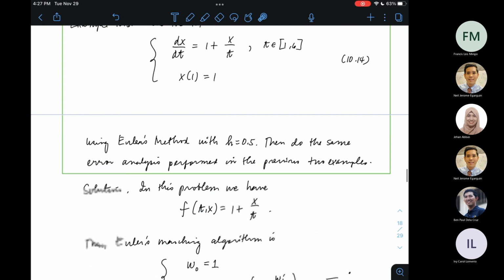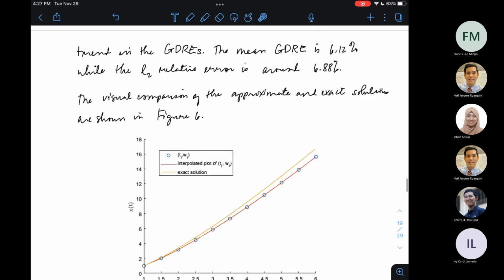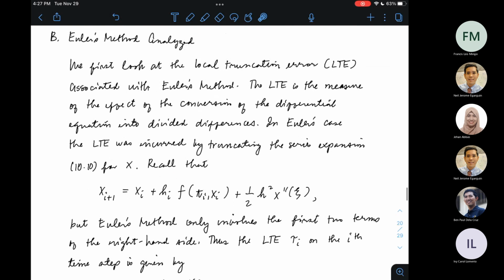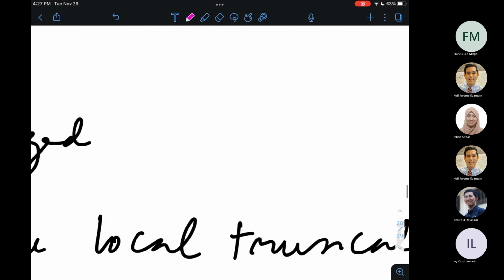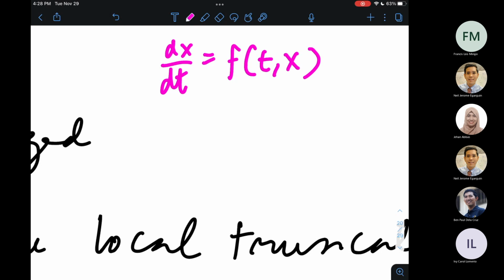So essentially, if you remember, our problem initially is dx over dt equals f of t comma x. And then we said we will replace dx over dt by a discrete version, because computers cannot handle derivatives because it's a continuous operation.